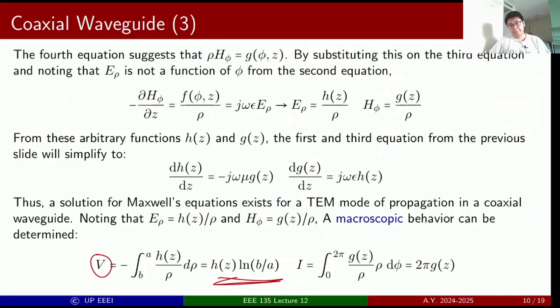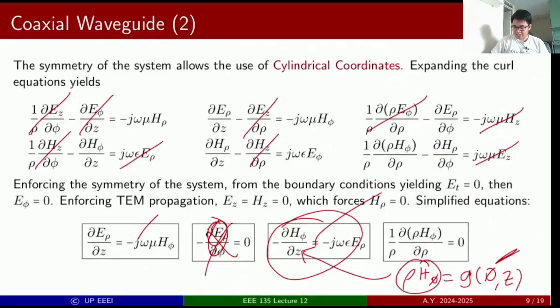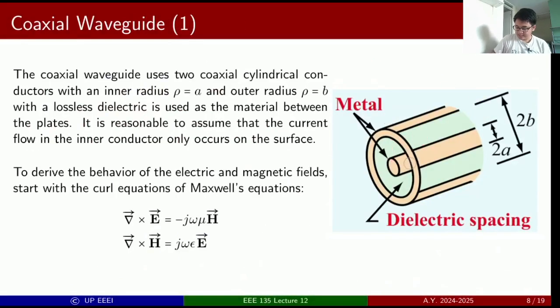For the current, you have to jump again to a boundary condition, or you can actually use Ampere's law in this case. So by using Ampere's law, you enclose the current in a loop of 2 pi rho.